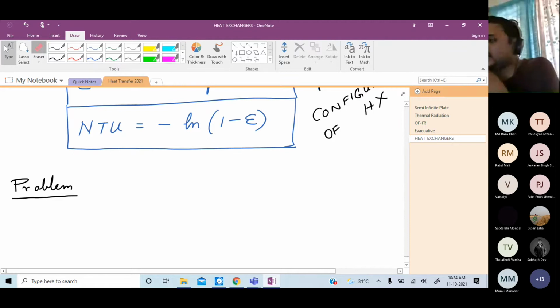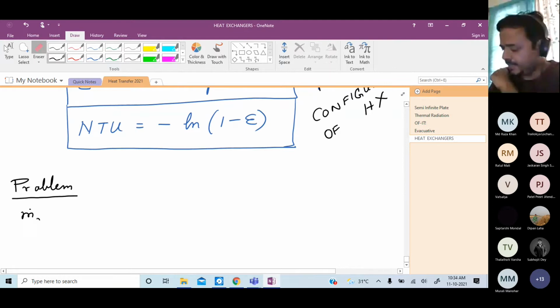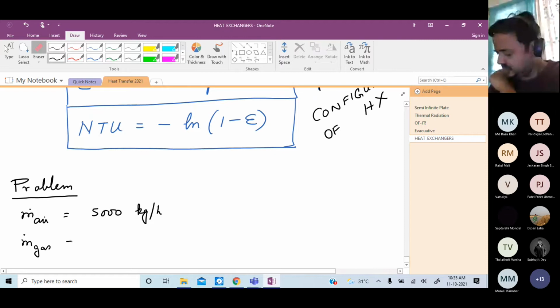The airflow rate is 5,000 kg per hour, and the flow rate of the hot gas, which is the hot fluid, is 5075 kg per hour, almost similar.